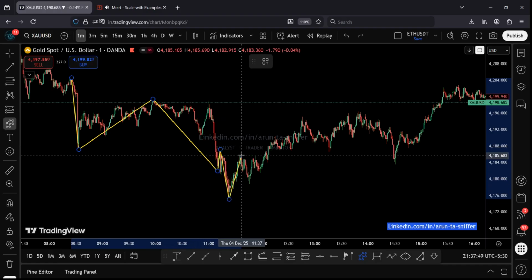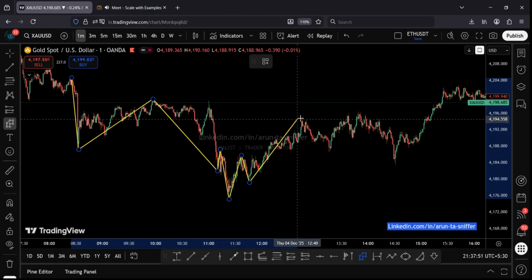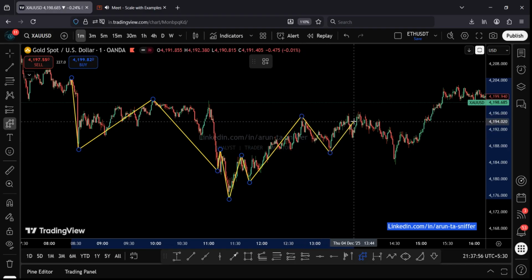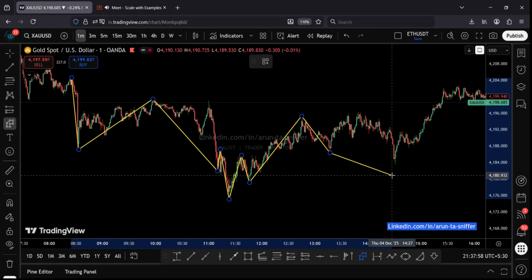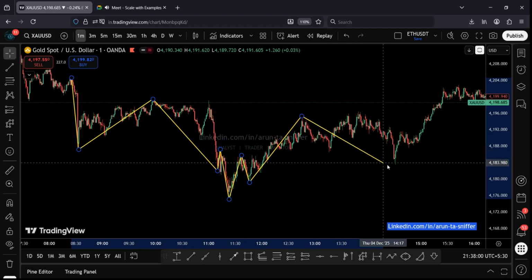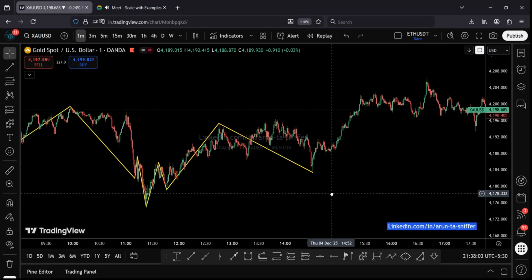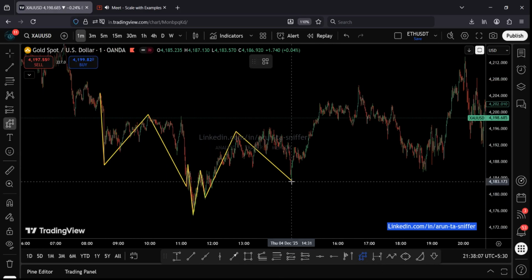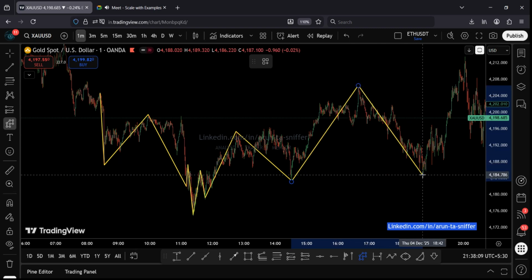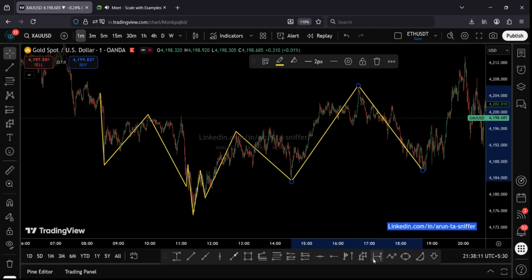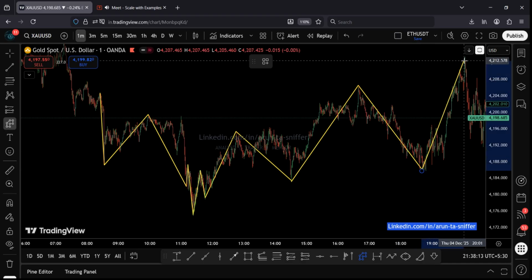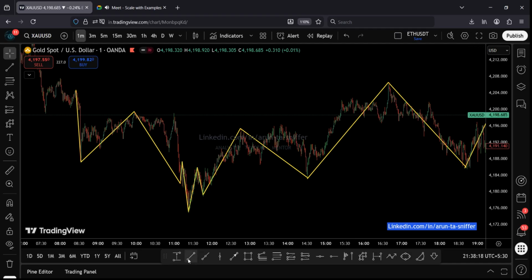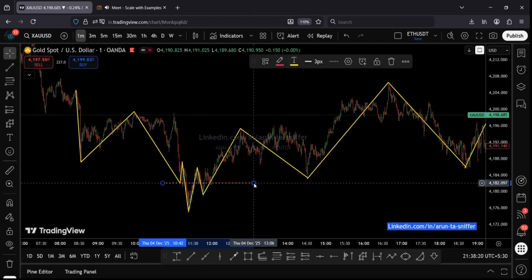Like this, price goes up, came down, goes back up, and came down till here. Okay, and then goes up again, came down here. Let's see how this works. First, here was the LSK.